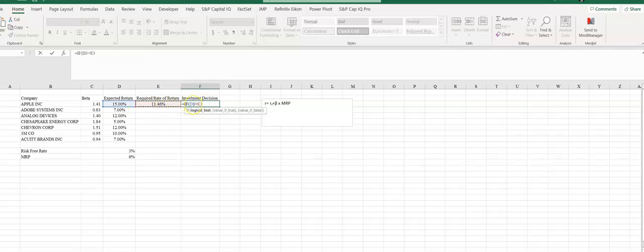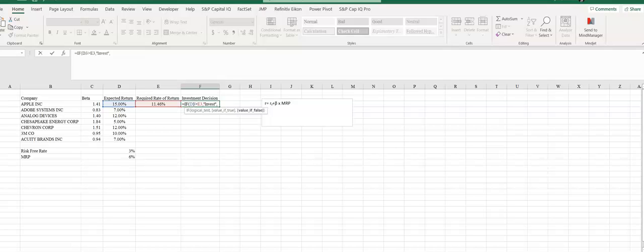If this condition is satisfied, we are going to say in quotes, invest, close quote. If the statement is correct, in that cell, we are going to have invest.